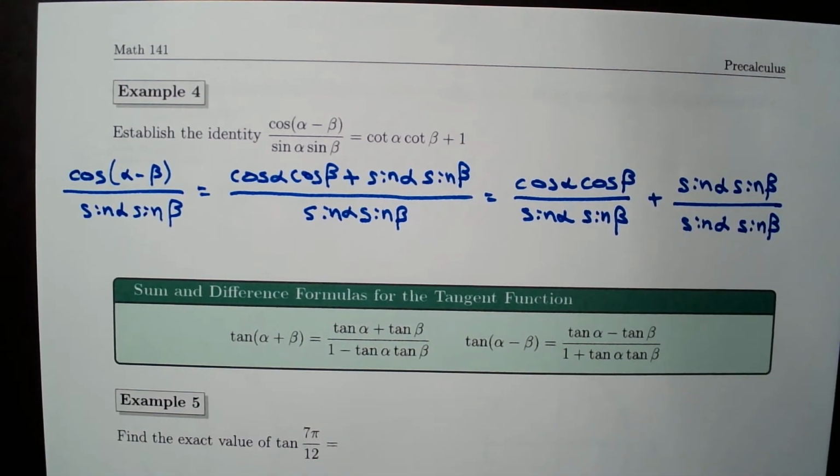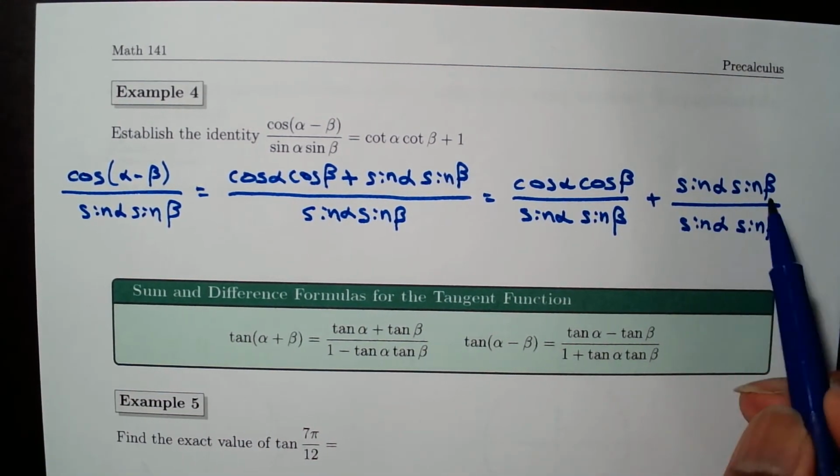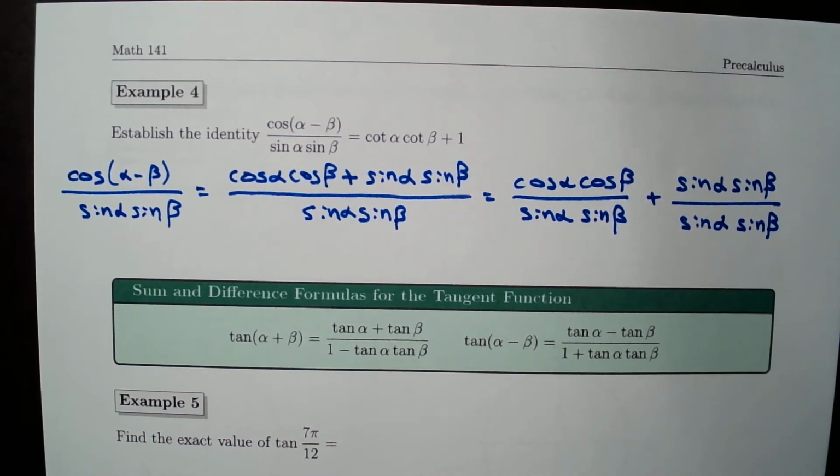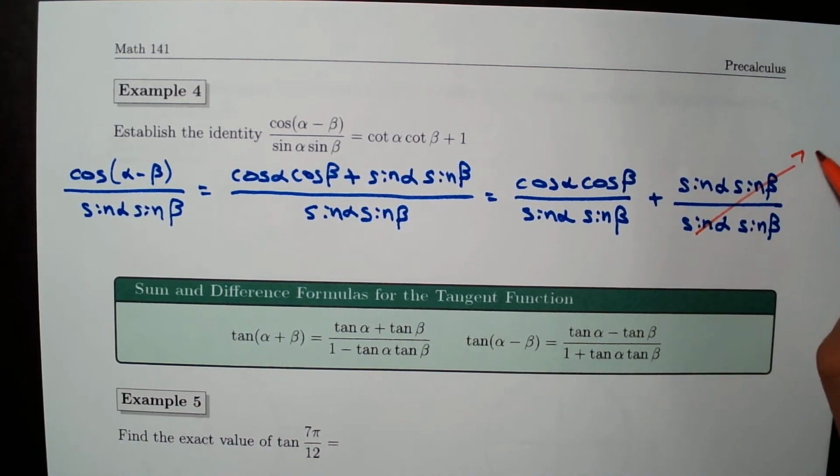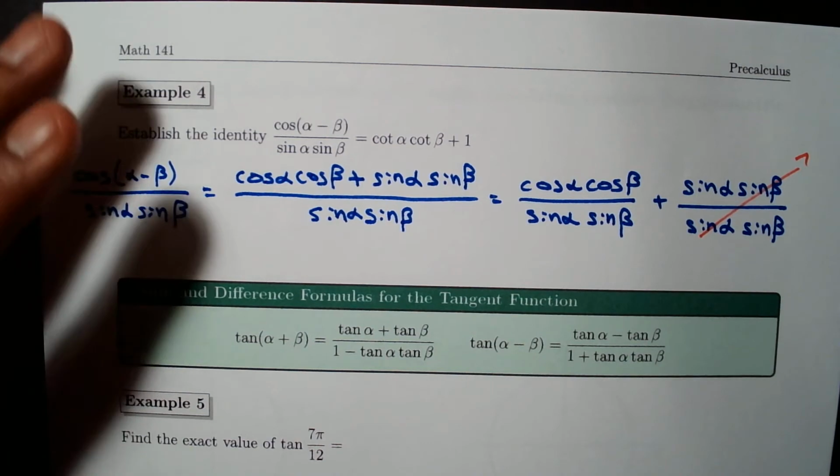Okay, so look at this. Well, this one is going to go to 1 because that's simply a quantity divided by itself.